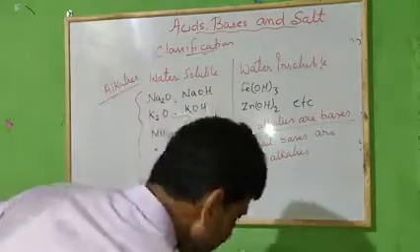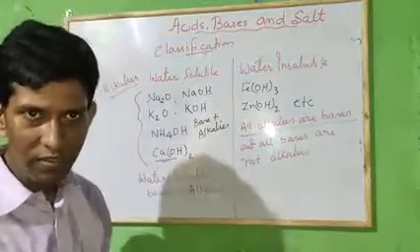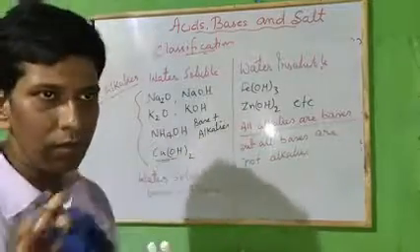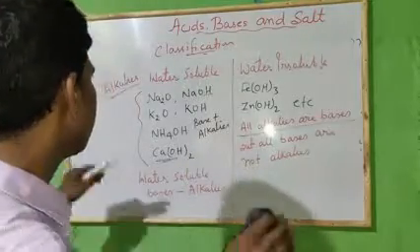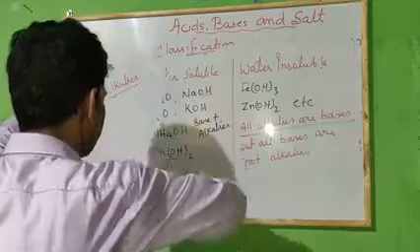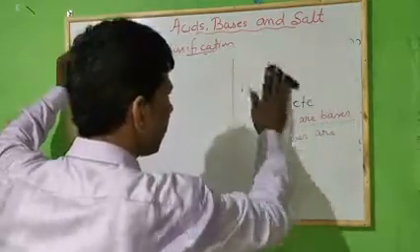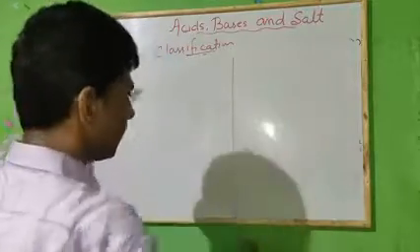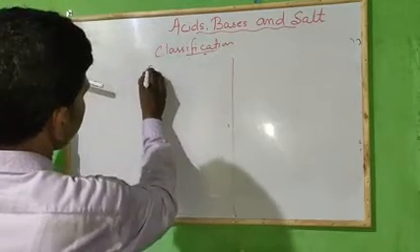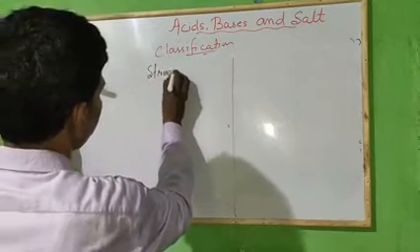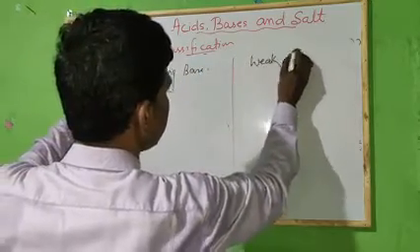Now this is the classification of bases based on their solubility in water. One more way is based on the ionization of the bases in water. We can classify the bases as strong base and weak base.